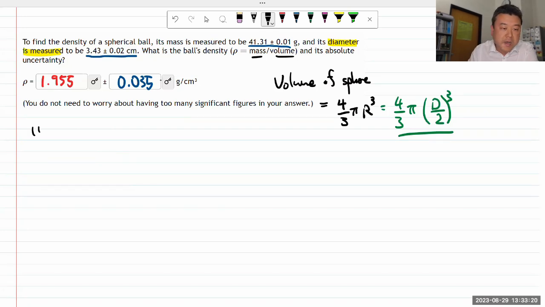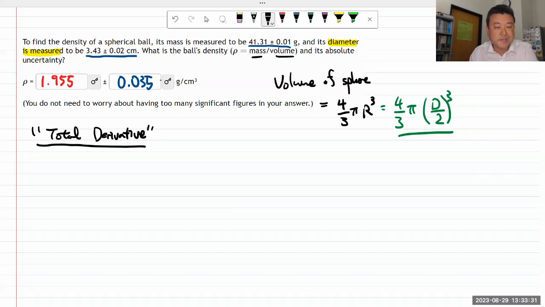So I'm using the idea that's similar to what's called the total derivative. There are some changes that I will make to reflect the fact that this is dealing with uncertainty and not other things. But so what is this? I have a rho, which is a function of two parameters, the mass and the diameter.